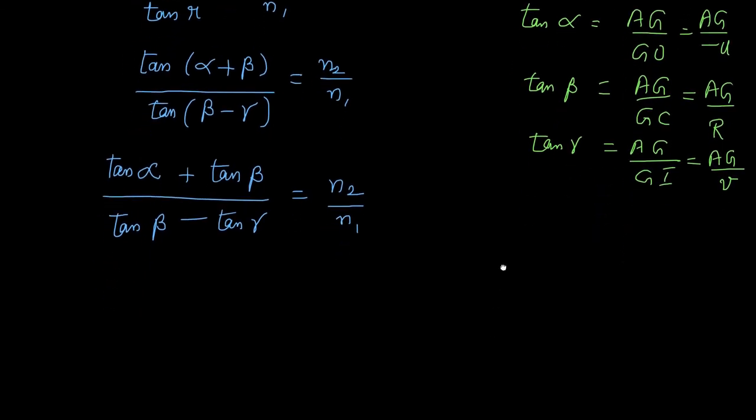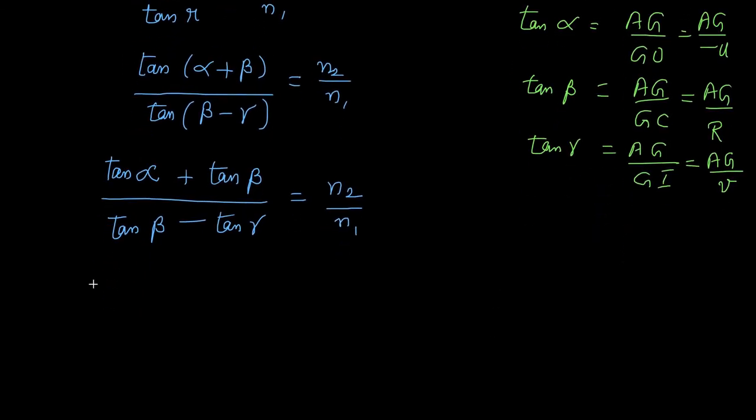Substituting these values in this equation, AG by GO, GO can be written as minus u.